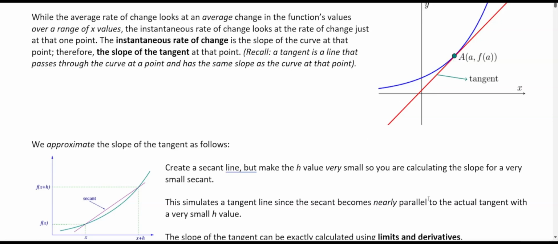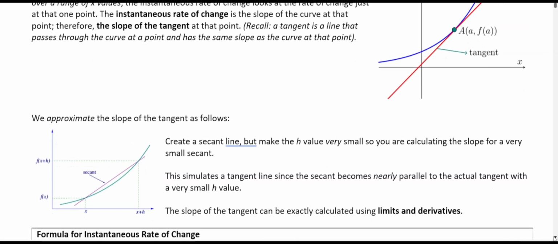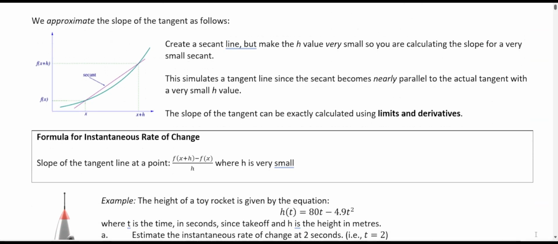We approximate the slope of the tangent as follows. We can create a secant line that goes from x to another value, x plus h, but we make this h value so small that we're calculating a secant that basically looks like a tangent.